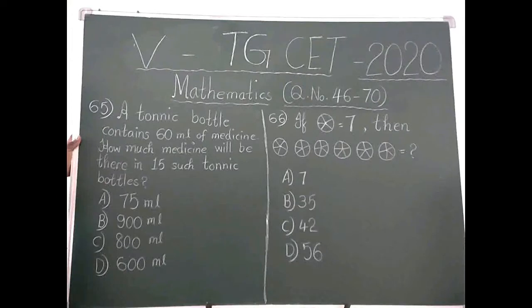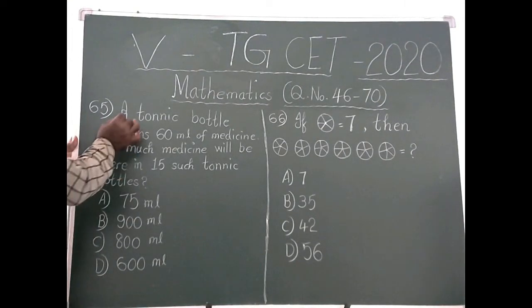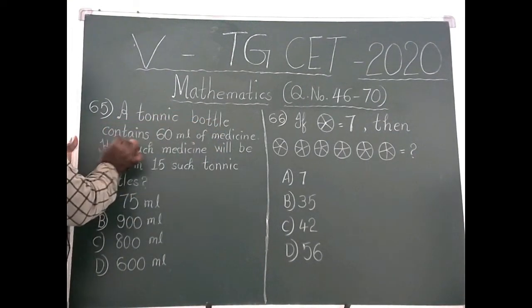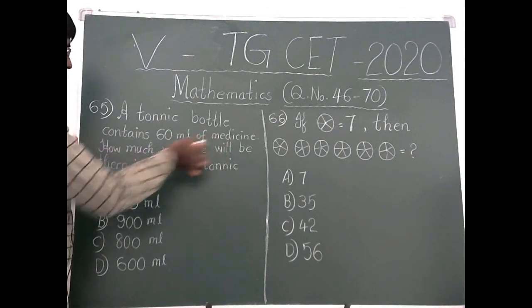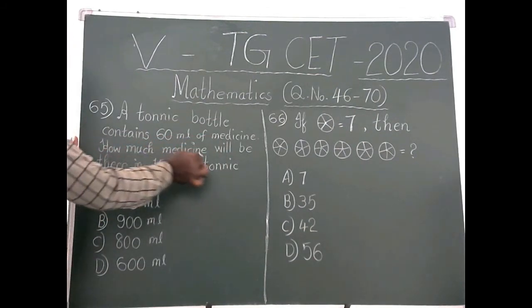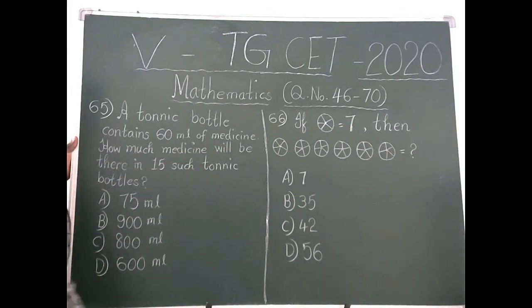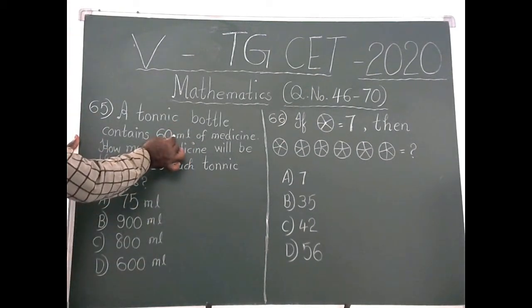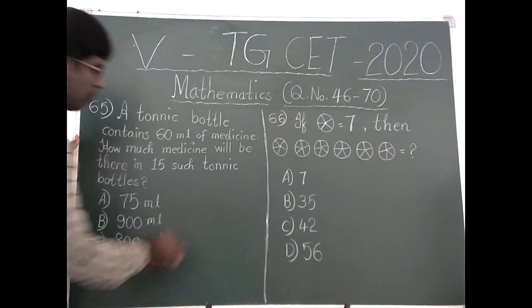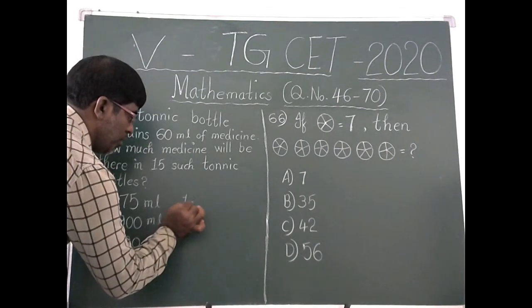Problem number 65. A tonic bottle contains 60 ml of medicine. How much medicine will be there in 15 such tonic bottles?